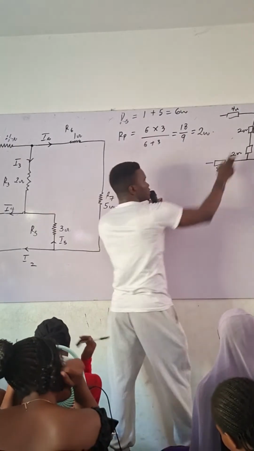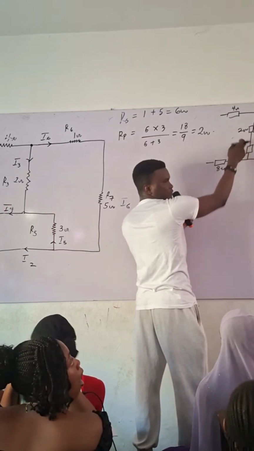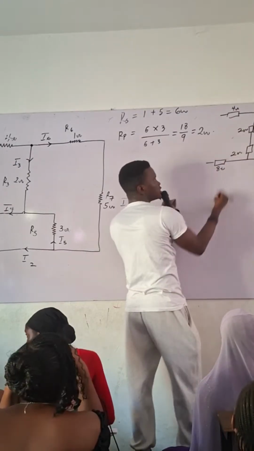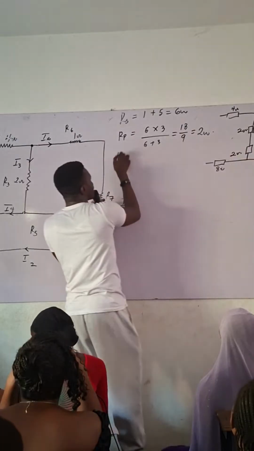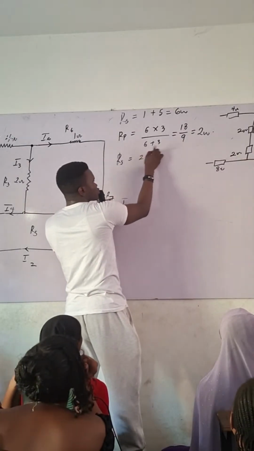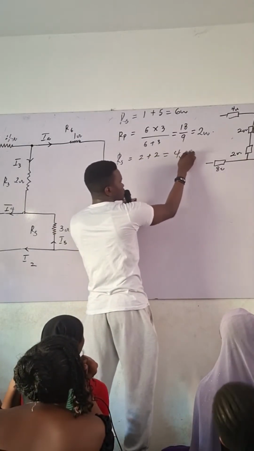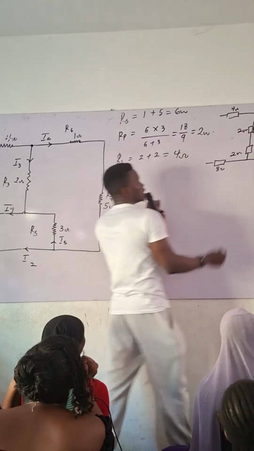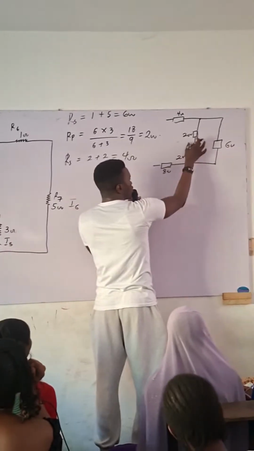From there now, this guy are now what? Series. So we can reduce that one. So we can now say our series is equal to 2 plus 2. And that's 4 ohms. So meaning that this becomes 4.